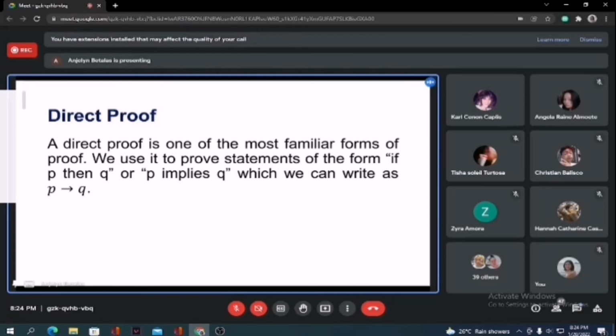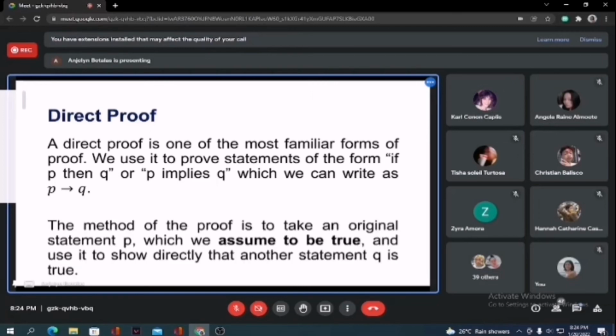So, ang direct proof is one of the most familiar forms of proof. We use it to prove statements of the form if P then Q, or P implies Q, which we can write as P implies Q. Kanang arrow pa-right, P implies Q ang pagbasa ana. The method of the proof is to take an original statement P which we assume to be true, and use it to show directly that another statement Q is true.